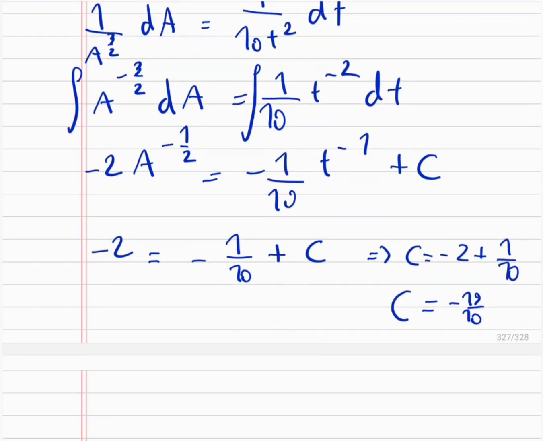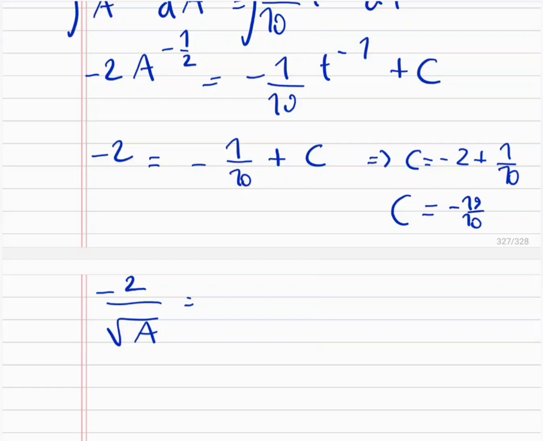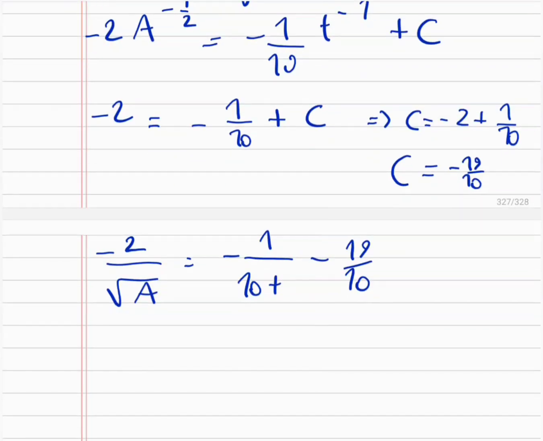Okay, now that we have found c, then we'll have this equation, basically minus 2 over root A, because it's A to the power of minus a half, which is equal to root A, is equal to minus 1 over 10t minus 19 over 10. Now that we have this, first we can simplify the right hand side.